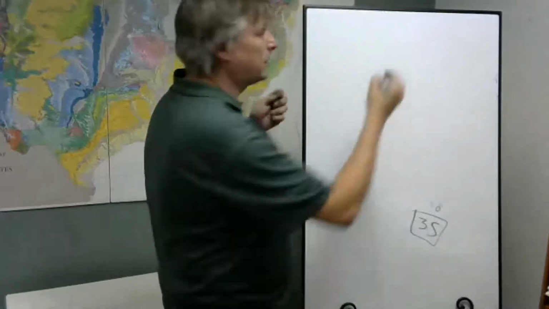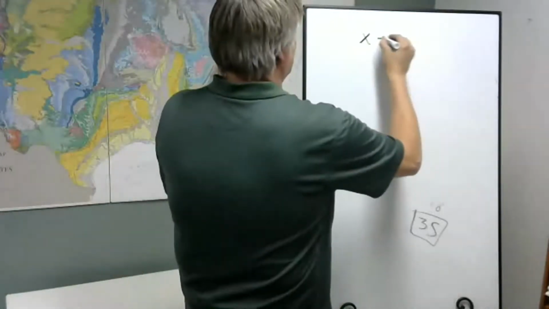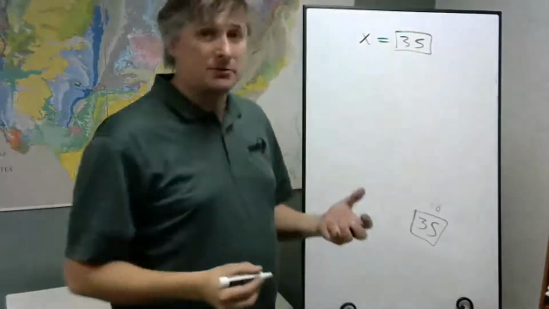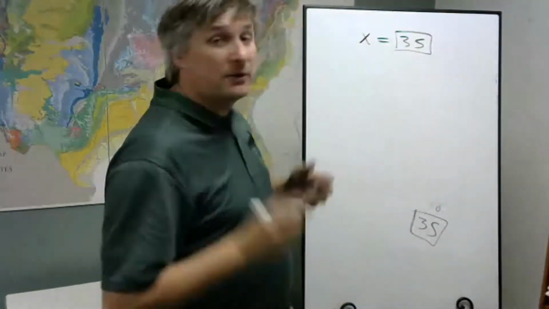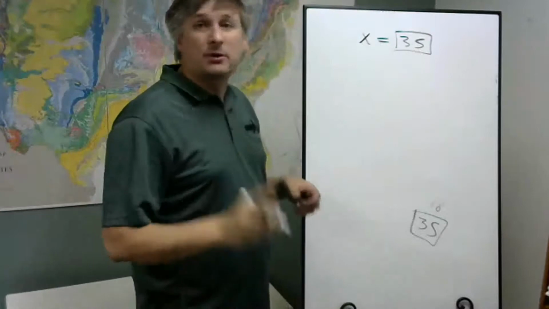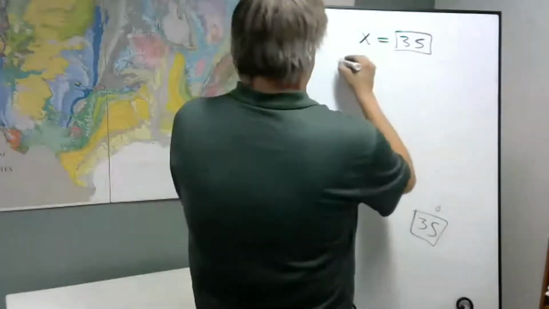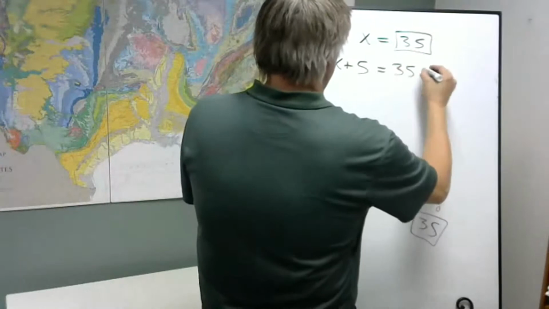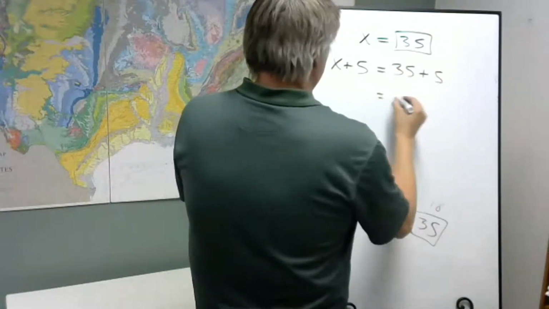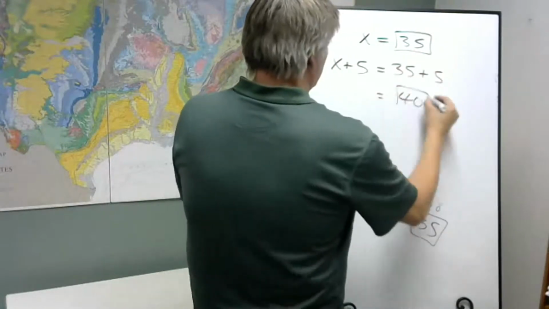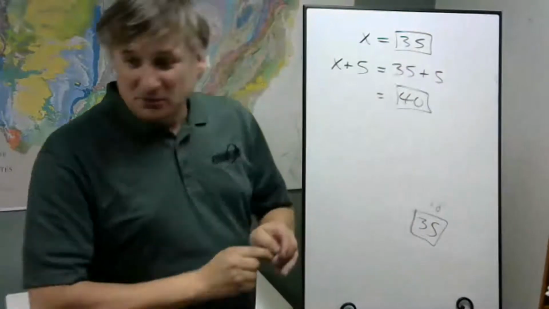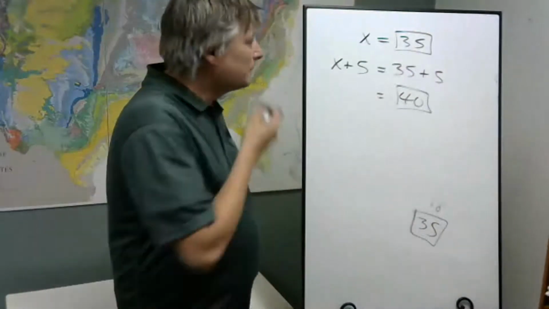It's the rate for engine 1. So we have x is 35, or 35 miles per hour. And then for engine 2, which is 5 miles per hour faster, that'll be 40 miles per hour. So that's the train problem.